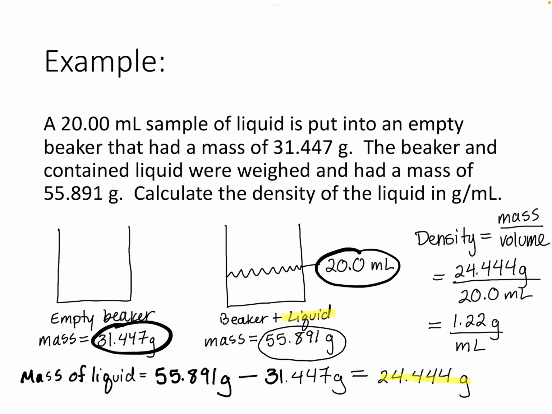And in this example, we were able to identify the mass of a liquid by subtracting the mass of the beaker that it was in, and then we divided by the volume of the liquid to get the actual density. Now, let's look at a slightly different way to express density.